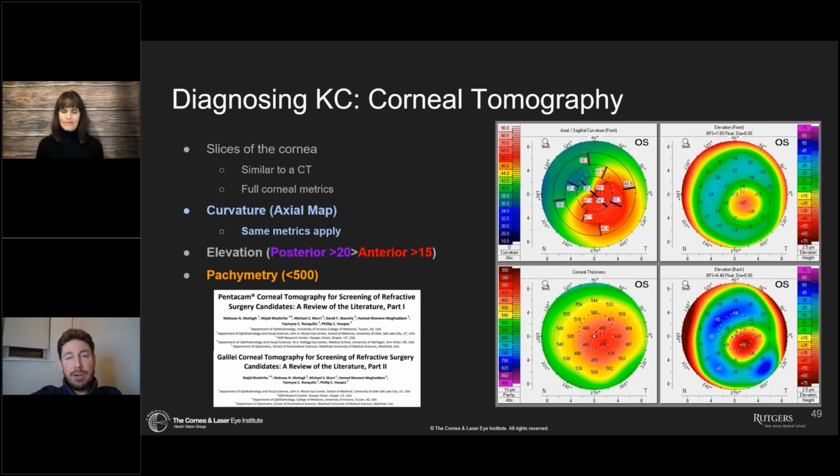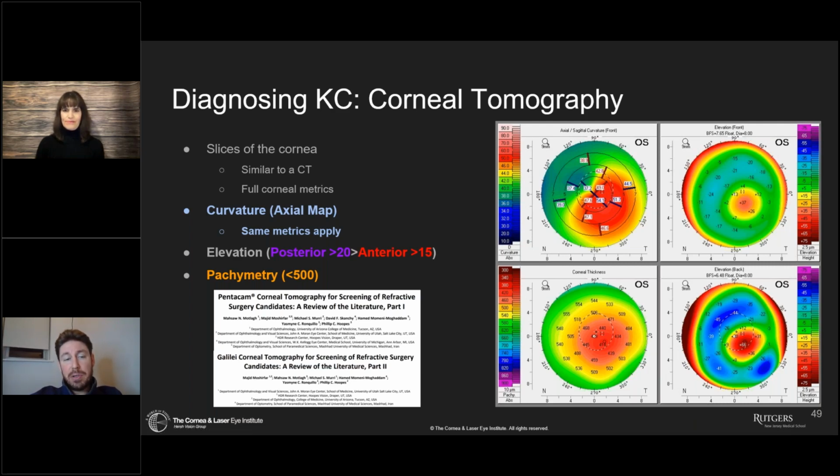Now, if you see anterior elevation on its own without posterior elevation, it is likely that that is either epithelial hypertrophy or other sorts of anterior corneal issues that are not necessarily keratoconus. So the posterior is really what dictates it. And typically the posterior is going to be a more severe reflection of the anterior.